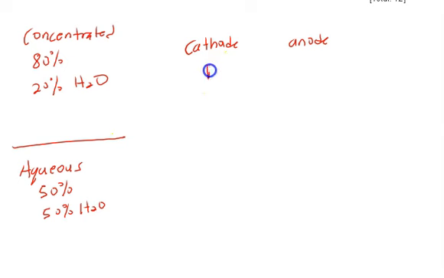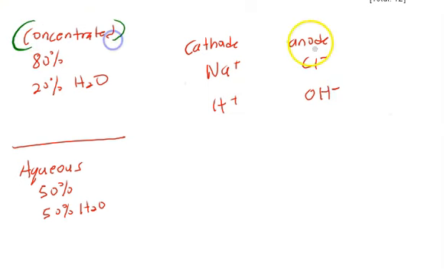So now for the cathode, we have sodium and hydrogen. At the anode, we have chloride and hydroxide. Okay, now when you're talking about the concentrated case, it only affects the anode side, which is here, this part.